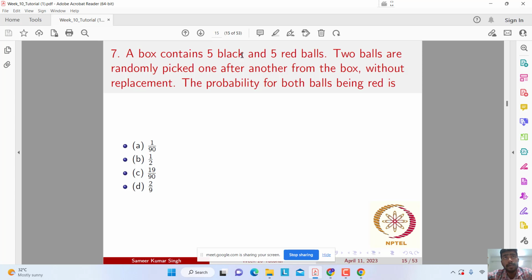First we have 10 balls, and we will pick one ball and that should be red. And when we choose the next ball, now we have 9 balls, and again it should be red. So using this concept, try to find the probability of both balls being red.